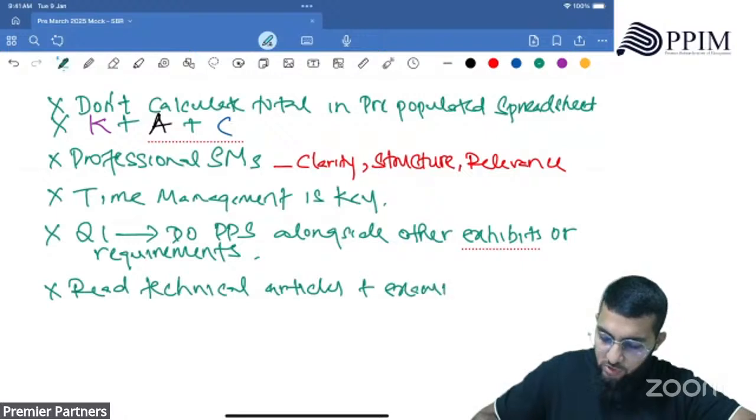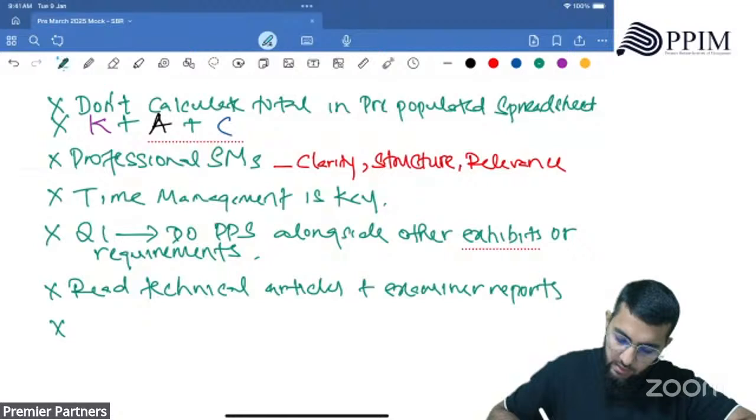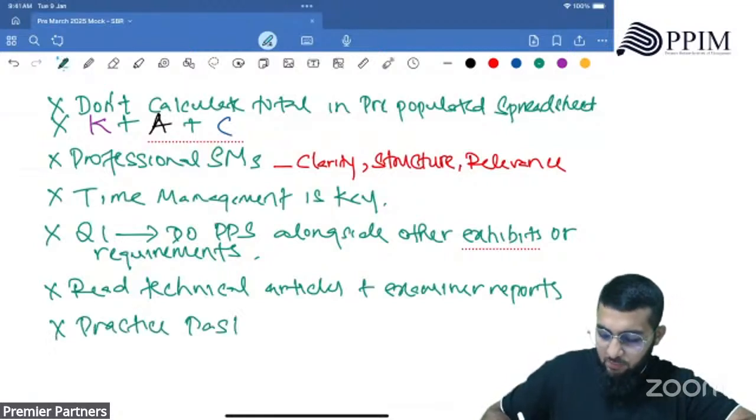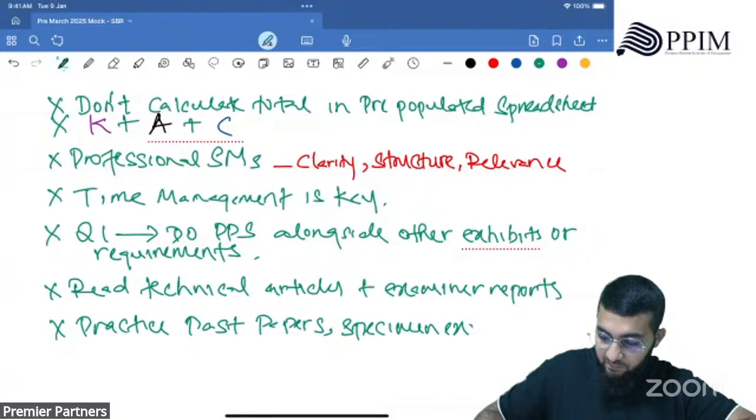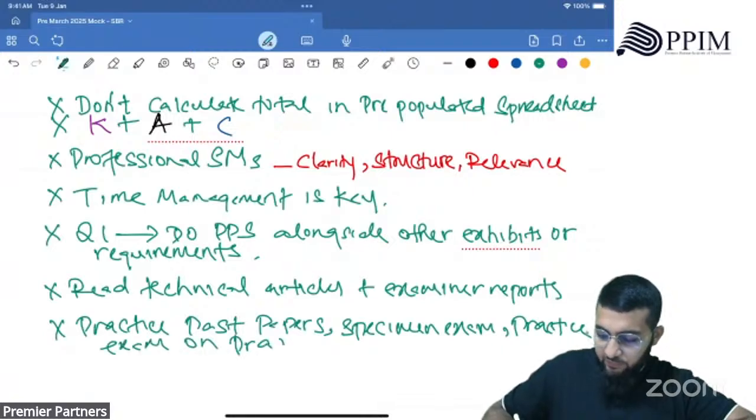Examiner reports. Practice past papers. Specimen exam. And practice exams on the practice platform.